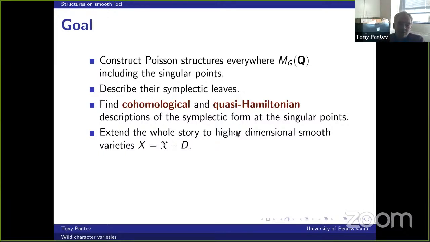And finally, I would like to extend the whole story to higher dimensions. In fact, the way I'm going to construct the symplectic structures does extend to higher dimensions, and the Poisson structures extend to wild character varieties in any dimension, but I'm not going to talk about this today.